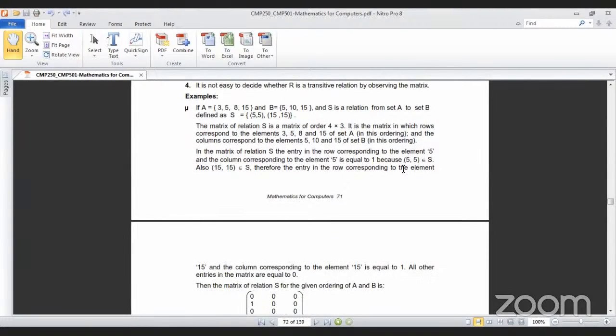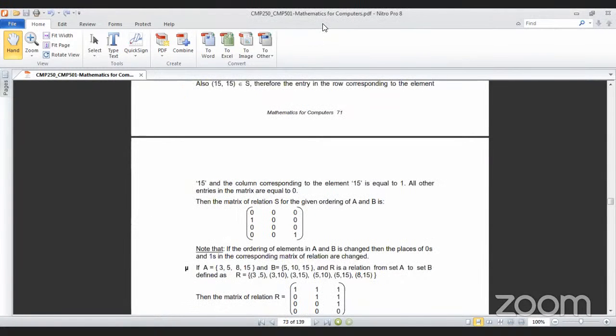Now you can see, in the matrix of relation S, the entries in the row corresponding to the element 5. Let me show you. Here is 5, here is 10, and here is 15.